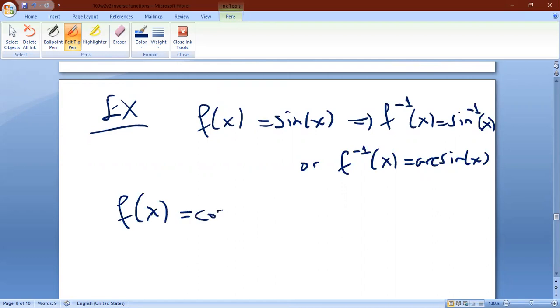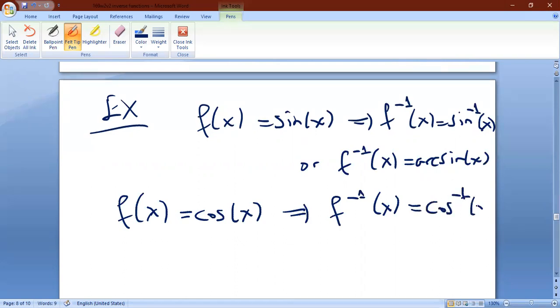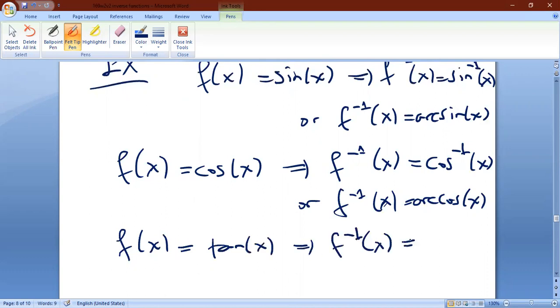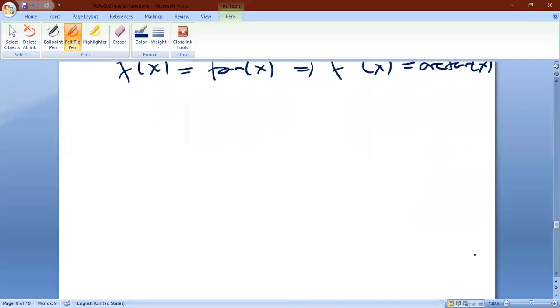If the function is cosine x, then its inverse is arc cosine. Or one more, which we may also see: if the function is tangent, then its inverse is arctangent of x.